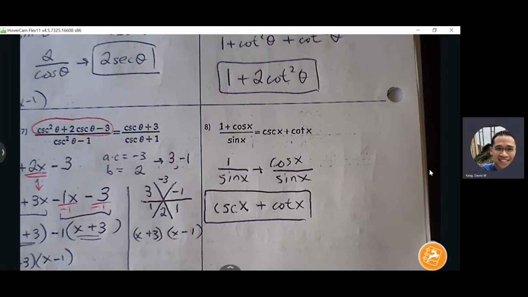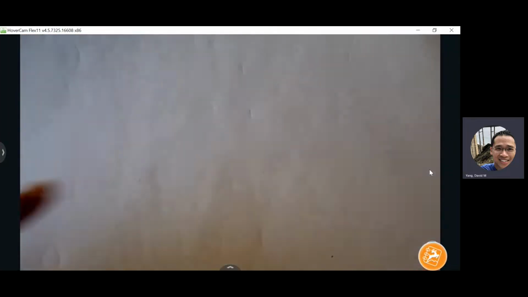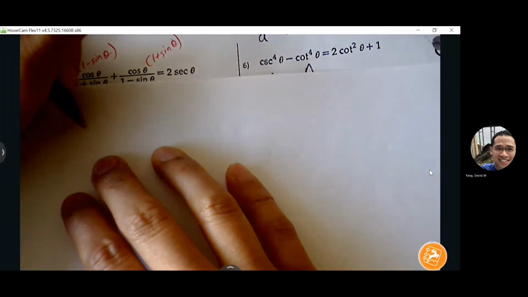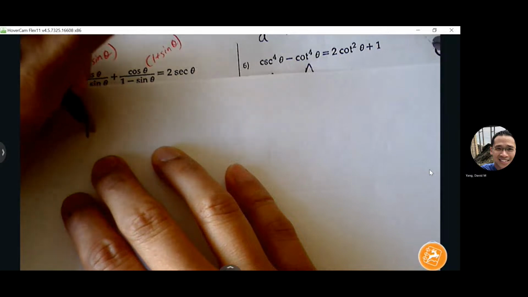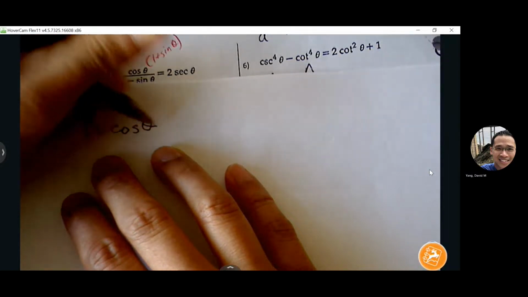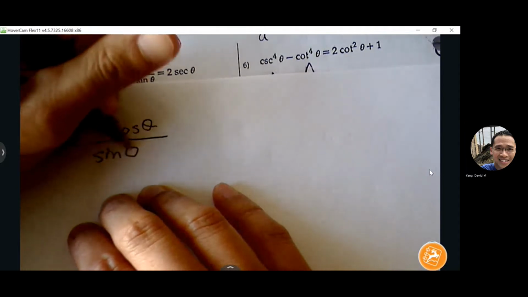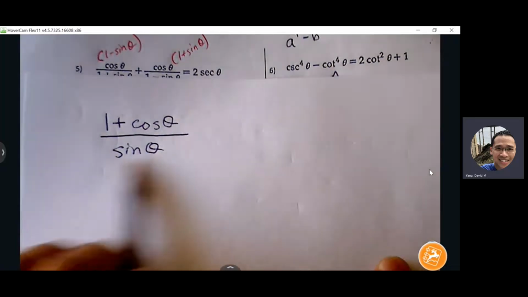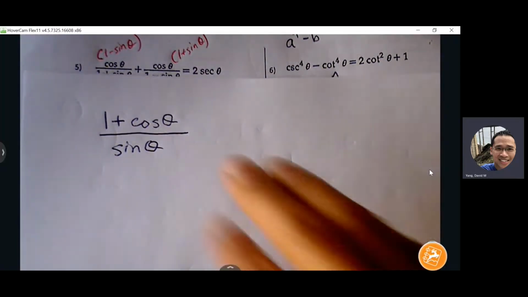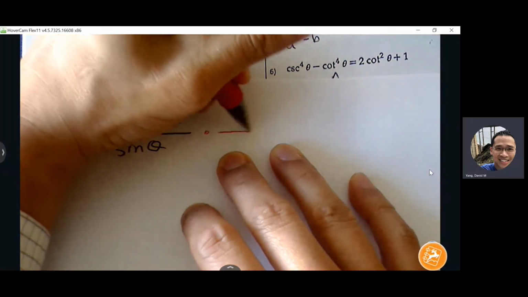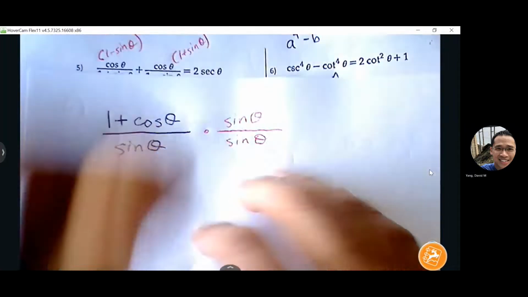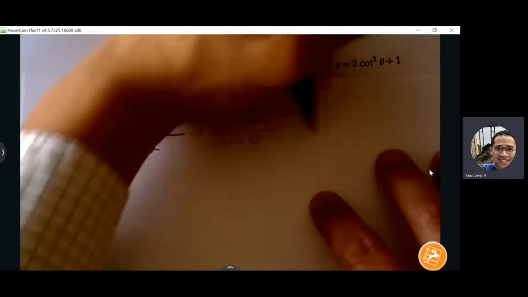Hey guys, let me just point out a few quick things here. Some more strategies that I think can prove helpful. So here's one of them. I don't have a specific problem in mind here, but I just want to say that sometimes if you want to make something out of nothing, you can multiply the top and bottom by sine to get an identity to show up, right?